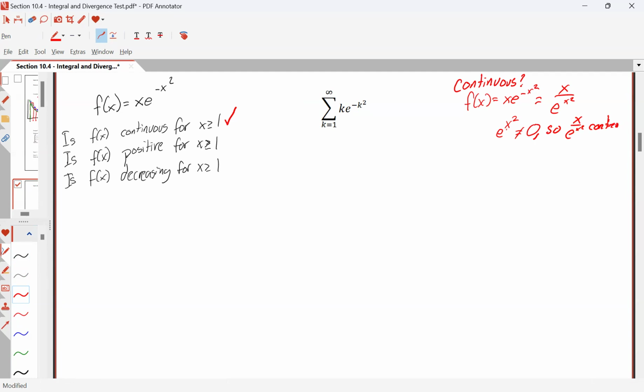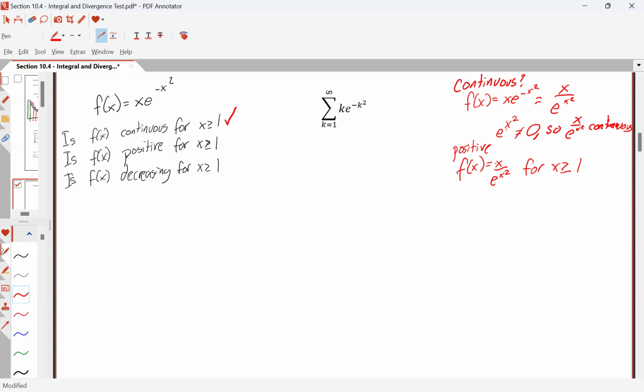Is it positive? Well, for x greater than or equal to 1, the numerator is positive because it's just x.